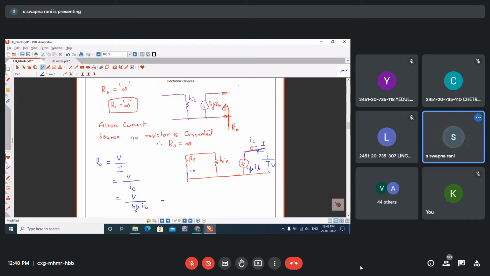So V by HFE into IB. If Vs is made 0, base current is made 0. So therefore V by 0. So like that also we can prove that R0 is infinite.